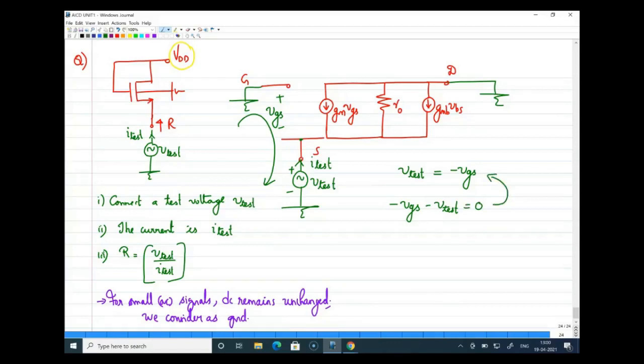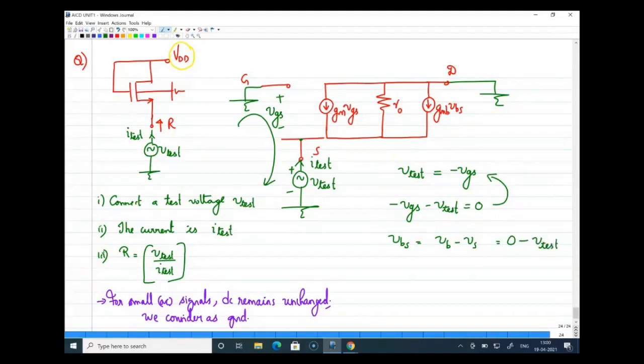So VGS is equal to minus Vtest. Similarly, what is VBS? Body is connected to ground. So VBS is VB minus VS, which is equal to ground minus VS, and VS is connected to Vtest.